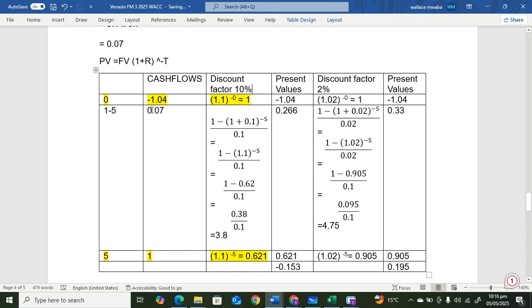For an annuity, remember the formula is 1 minus (1 plus r) to the power negative t, all divided by r. That's how you get the discount factor for an annuity.